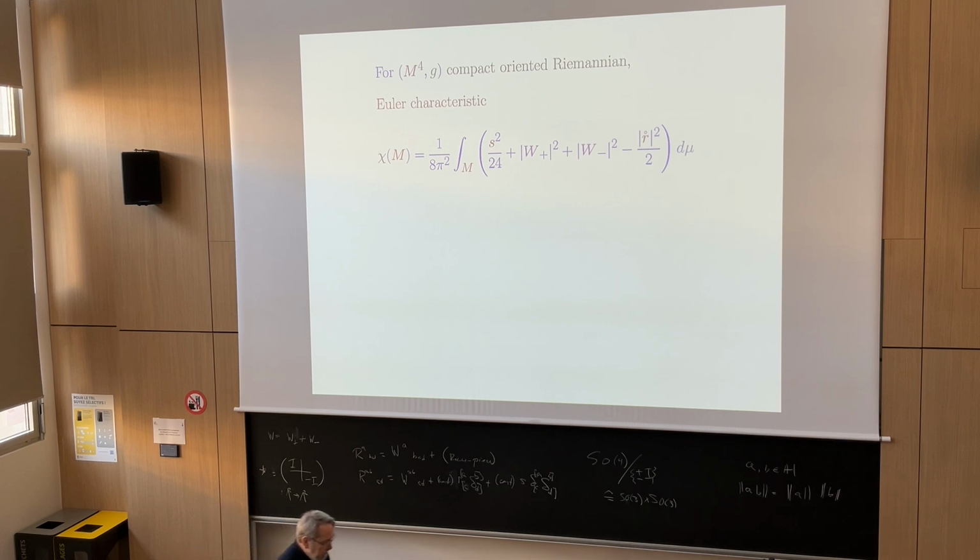So this is what I've written down here. I made it explicit. In dimension 4, there is a certain quadratic expression in the curvature tensor, which is invariant under the orthogonal group, such that if you take its integral, you get the Euler characteristic. And in fact, this integrand is usually called the Pfaffian of the curvature.